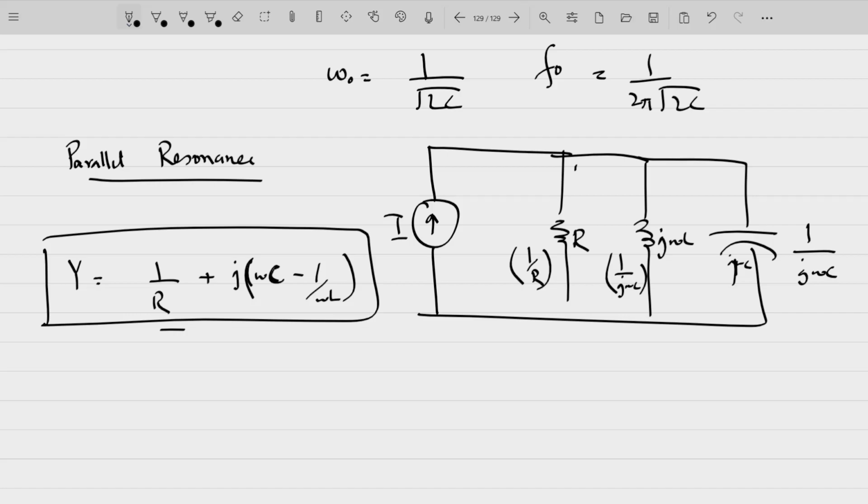Now what we were defining there in terms of impedance, now we'll be defining the same here for admittance.